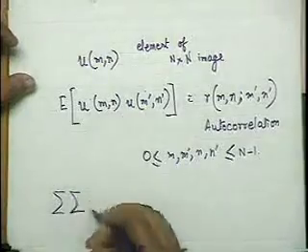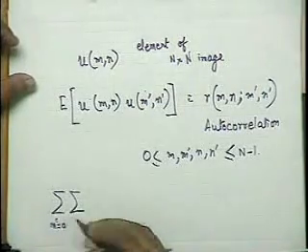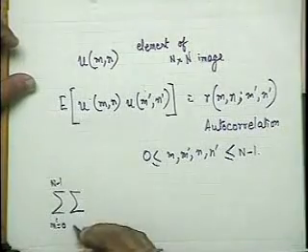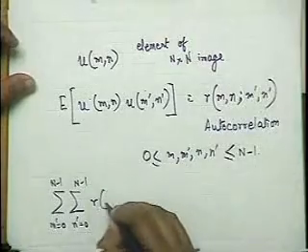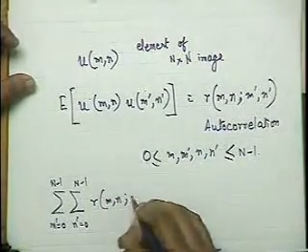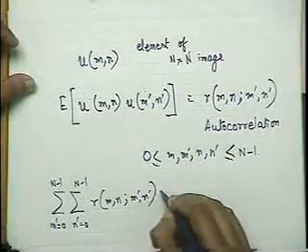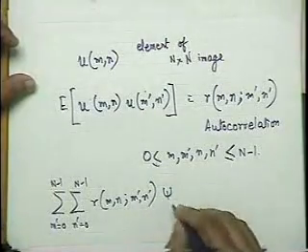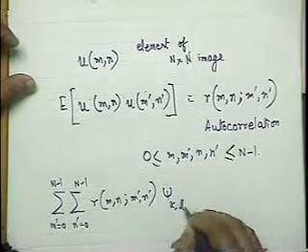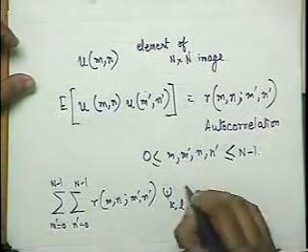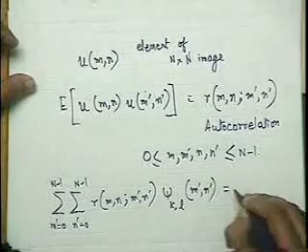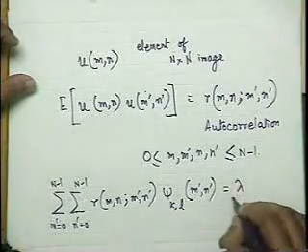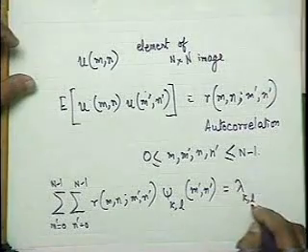I represent this in series summation form: summation m prime equal to 0 to capital N minus 1, n prime equal to 0 to capital N minus 1, of the autocorrelation function R m comma n semicolon m prime comma n prime, times the eigenfunctions psi k l of m prime n prime. Because these are eigenfunctions, this will be equal to lambda k l.